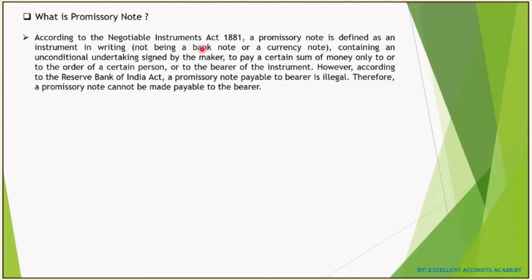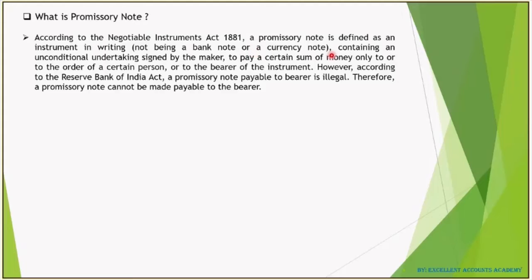This is a very important term, because a banknote or a currency note is also a promissory note issued by the government of India, and this can be issued only by the government. No other individual can issue a banknote or a currency note, which is a form of a promissory note.